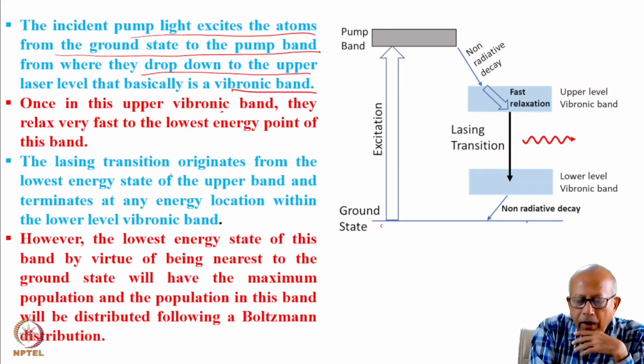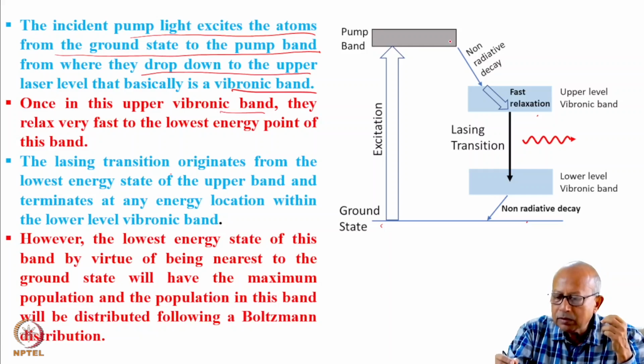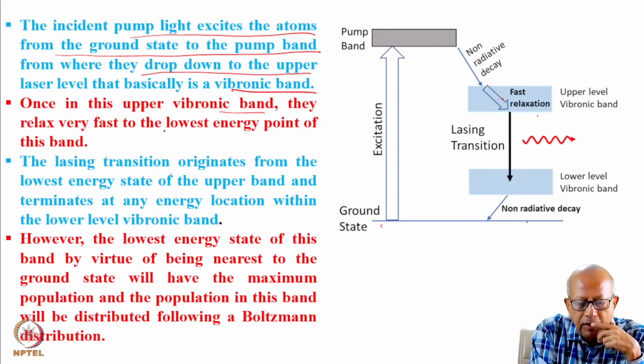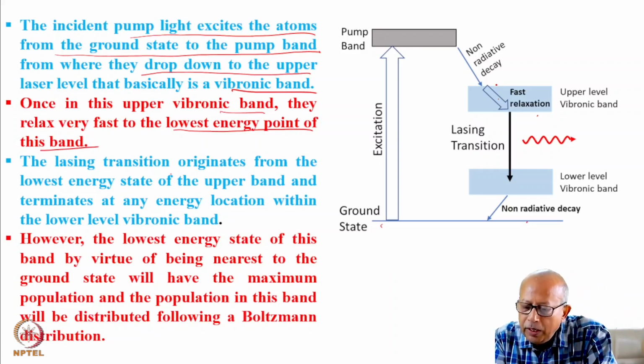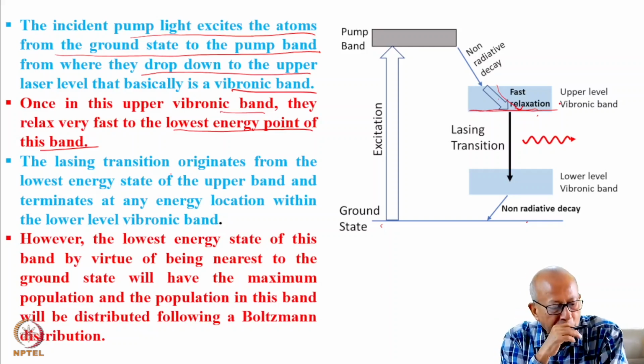Once these atoms relax to the upper vibronic band, they relax very fast to the lowest energy point of this band. So they quickly come to the lowest energy state of the upper vibronic band.